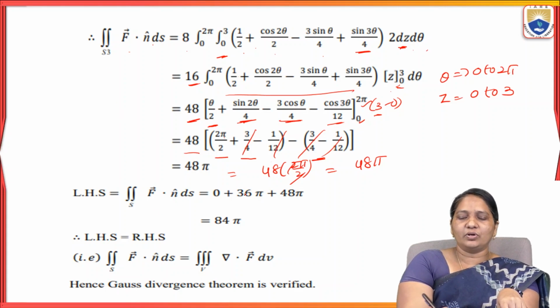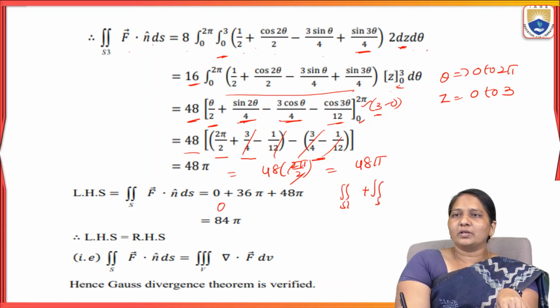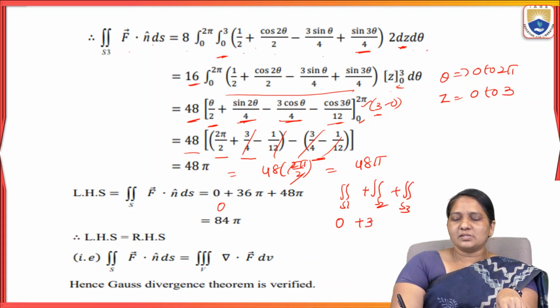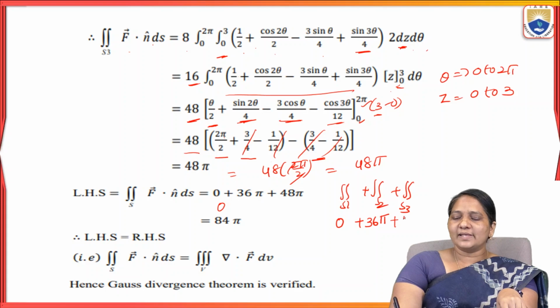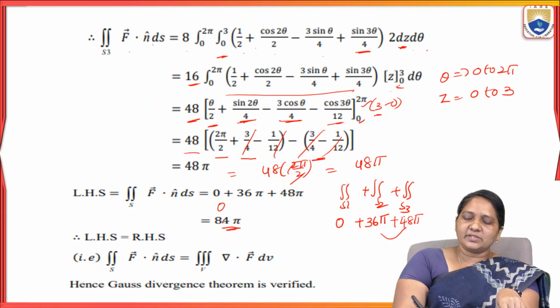So LHS is equal to the sum along the 3 surfaces: along S1 plus along S2 plus along S3. Along S1 we got 0, along S2 we got 36 pi, and along S3 we got 48 pi. So when you are adding this, we got 84 pi. So LHS value we got here is 84 pi.